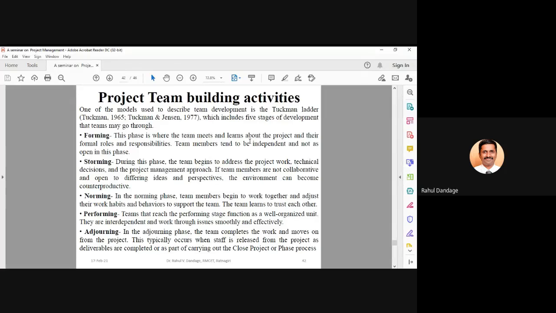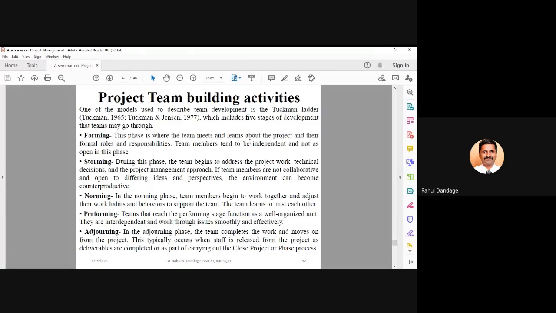In forming, the team is simply formed and people are working independently. In storming, they are addressing the project work, technical decisions, and project management approach, and trying to listen to everyone's ideas, opinions, and way of thinking.